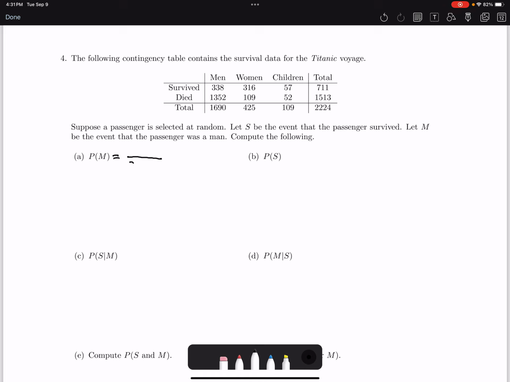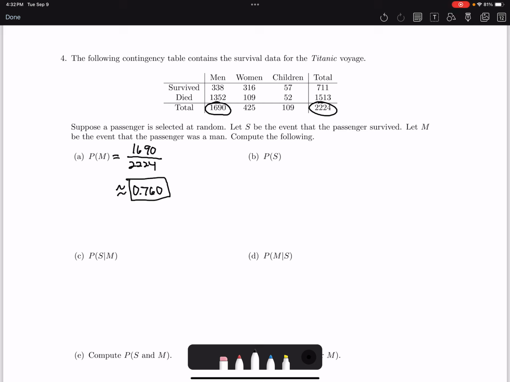There were 2,224 people on the ship in total, and out of those, 1,690 were men. Okay, so you could punch that into Desmos, and let's just give decimals because these numbers are so big. It's hard to make sense of them as fractions. So as a decimal, this is approximately 0.760 if we round to 3 decimal places.